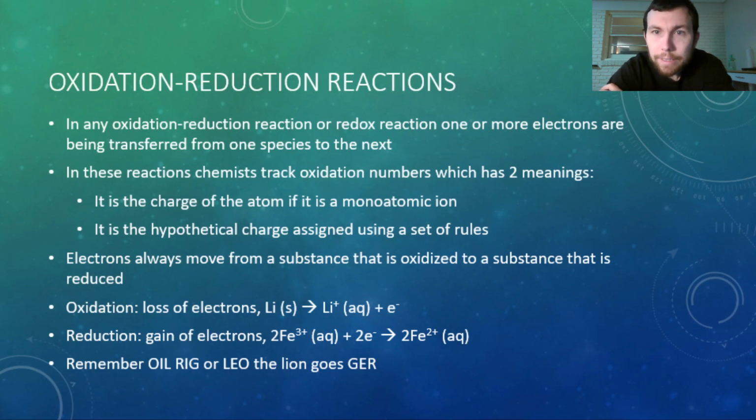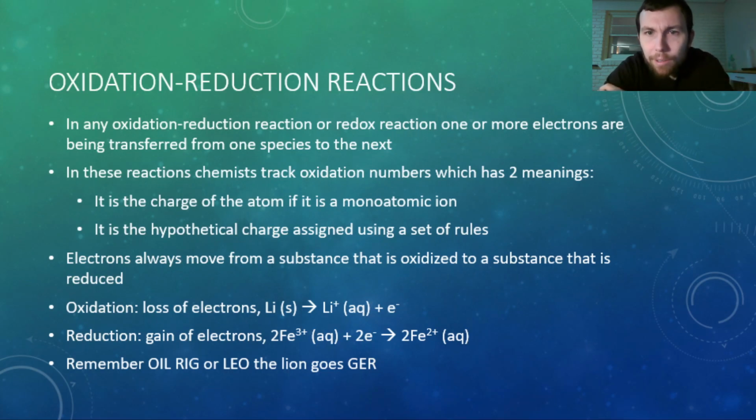Now, for chemists, in order to keep track of these electrons, what they came up with is this thing called an oxidation number. So chemists use oxidation numbers. Now, like in almost everything in chemistry, oxidation number has multiple meanings. The first meaning is if we're dealing with a monatomic ion, so something like sodium ion, it has a 1+ charge. Well, we could also say that that would be its oxidation state or its oxidation number as well.